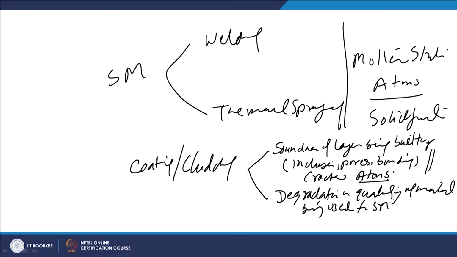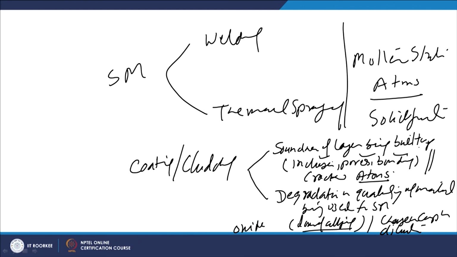Sometimes, if the process is not good, it can lead to degradation in the quality of the material, and this may happen in the form of loss of alloying elements from the material being applied itself, or a change in the composition of the material, and this can happen due to dilution, or loss of alloying elements can be due to oxidation of the elements through interaction with atmospheric gases like oxygen and nitrogen.